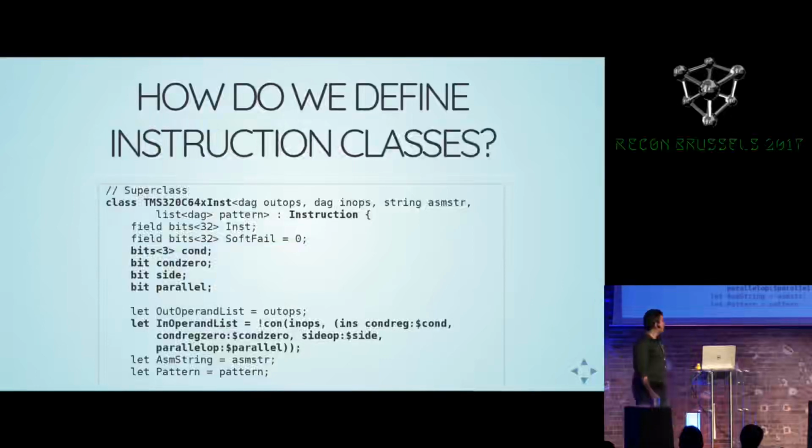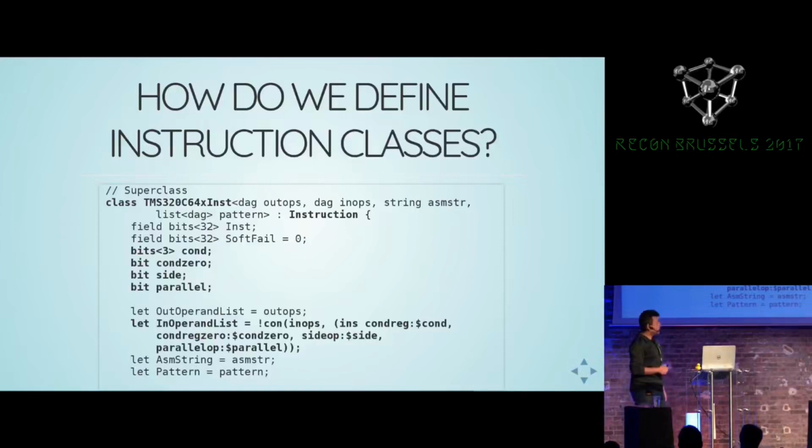Now let's see how we define instruction classes. We make subclasses from the instruction class, and we first make the superclass common for all instructions. We define the condition, whether the register is 0 or not, and the side, whether the instruction is executed in parallel with the rest of the instructions.